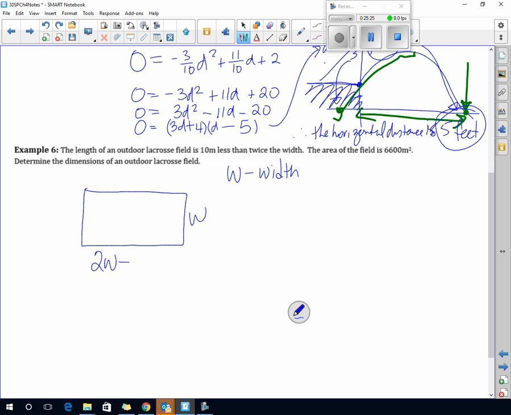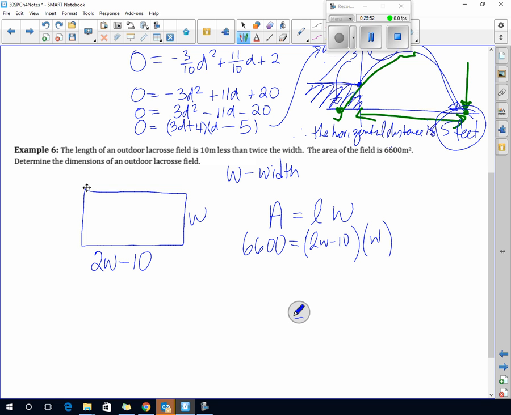And it's saying the area of a rectangle is length times width. It's saying the area is 6,600 meters, and my length is 2W minus 10, and my width is just W. How would I solve an equation that looks like this?